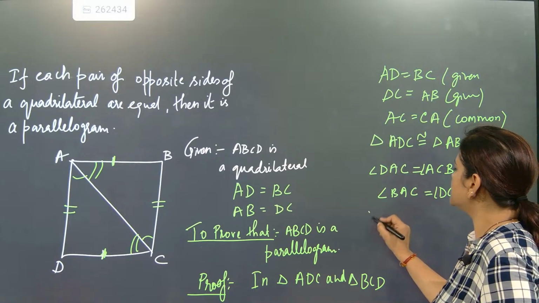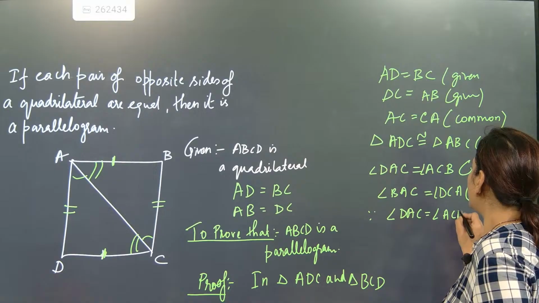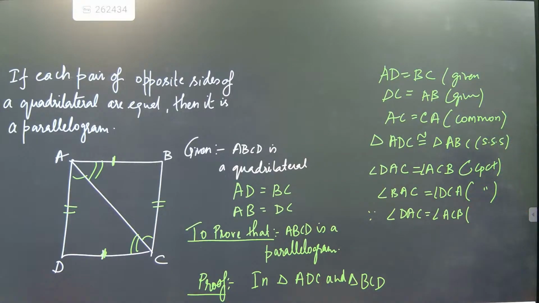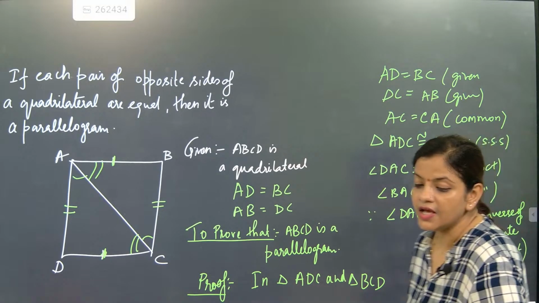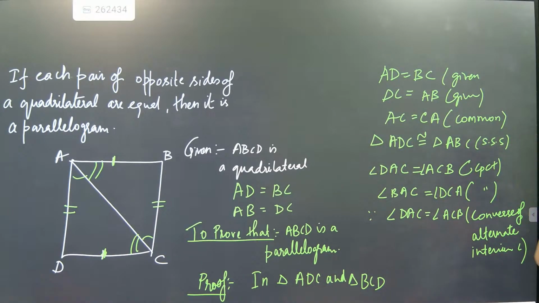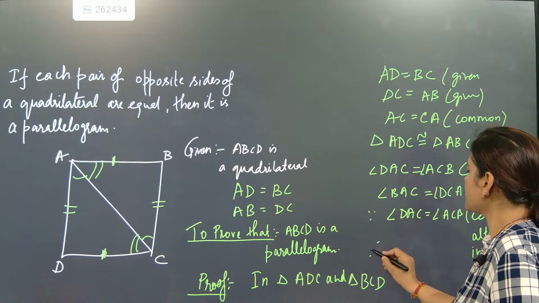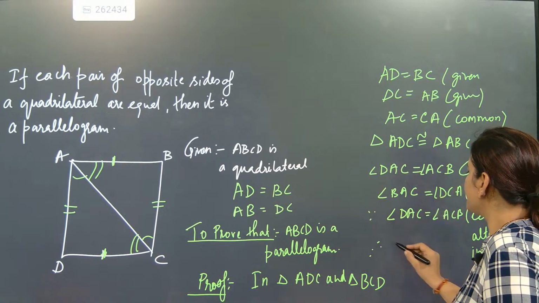Since angle DAC is equal to angle ACB, it is a property: converse of alternate interior angle. If we take the converse of alternate interior angle, then therefore what are we going to say?